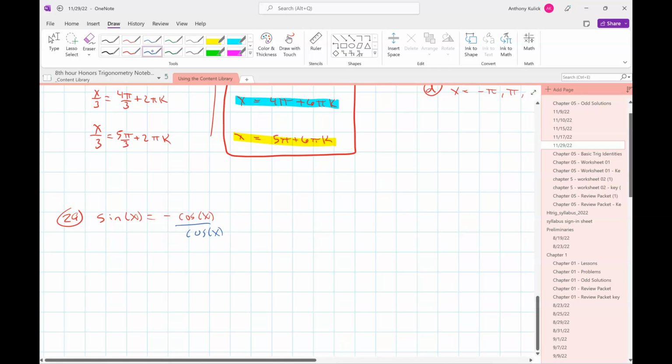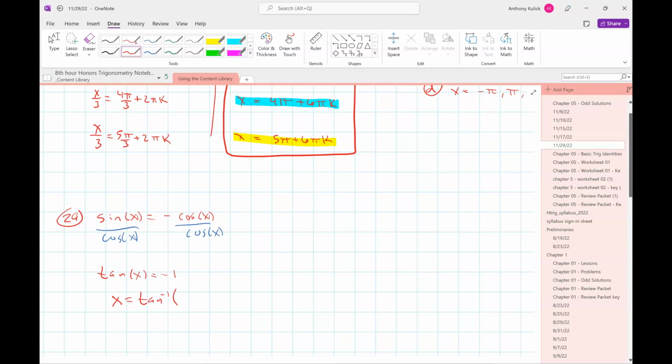So again, sines and cosines together in the same problem. Divide to make it into a tangent. Now, the problem is that tangent is y over x.